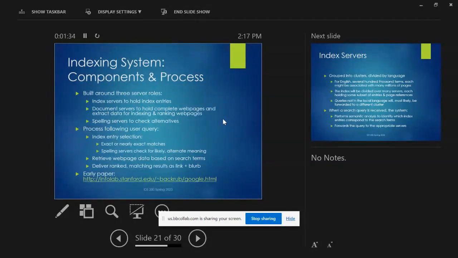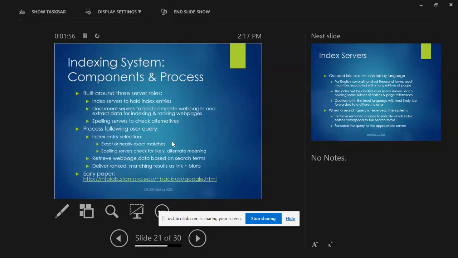That's why I'm not focusing too much on that. But the last I checked, the document servers were responsible for receiving the pages and then extracting the data and sending it elsewhere. And the third set of servers was spelling servers to check for alternatives, right? If you type in something wrong, Google wants to try to identify that and tell you you made a mistake.